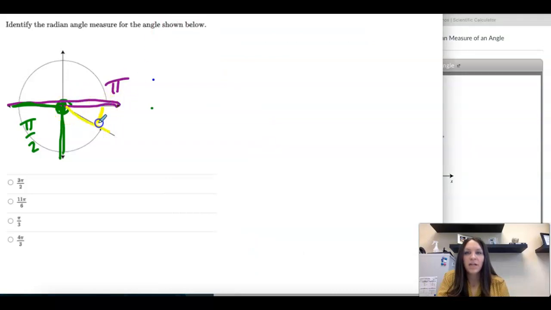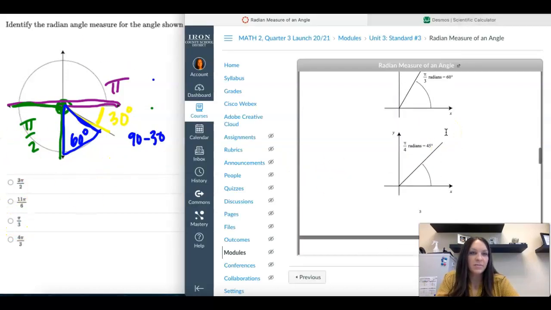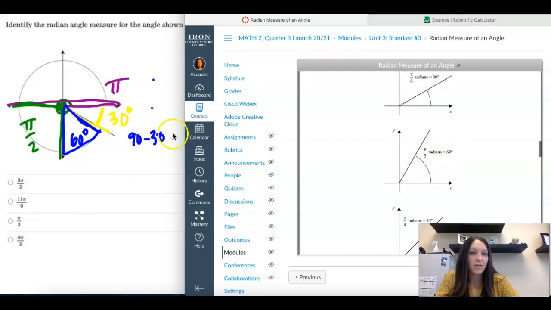So you have to recognize that this is 30 degrees. So if that's 30, this would be 60 degrees. And 60 degrees is pi over 3.